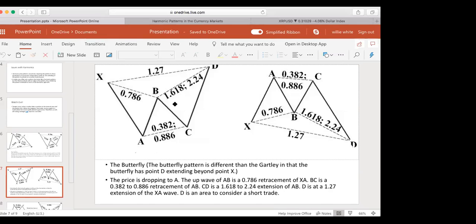As long as it's in between these numbers, it doesn't have to be exact, and it can be beyond 2.24. You're not going to have a perfect pattern, but as long as these numbers are between 0.618, 1.618 to 2.24, then you will have a good setup coming in.